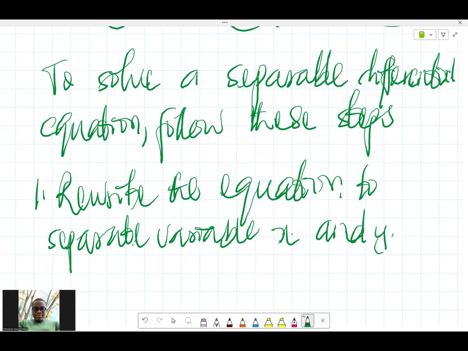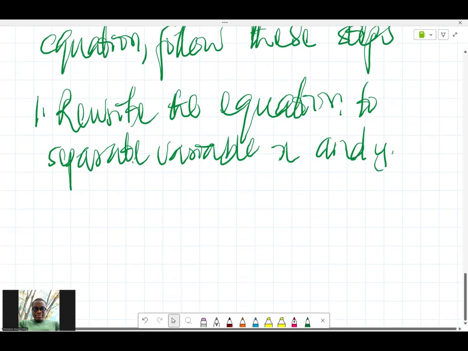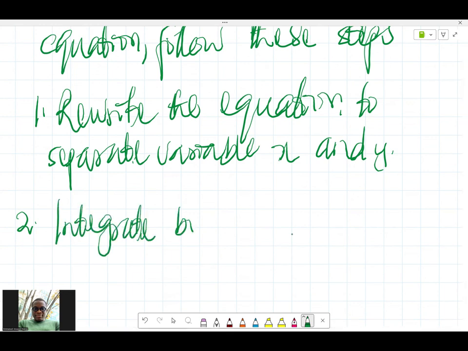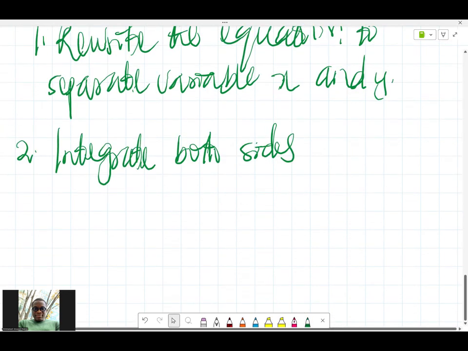This will involve algebraic manipulation to isolate the y terms on one side and the x terms on the other side. The second thing is to integrate both sides. Now that you've separated, you can integrate both sides, since they have the same variable. After separation, you integrate both sides with respect to their respective variables.